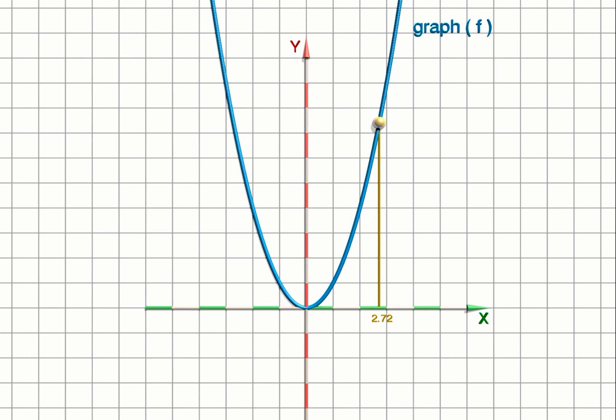If we start from that, we can recover the element associated to it by projecting down to the domain. The yellow dot in the graph is given by the pair in which 2.72 is the first coefficient, and the second coefficient is the image f of 2.72, therefore the square of 2.72.